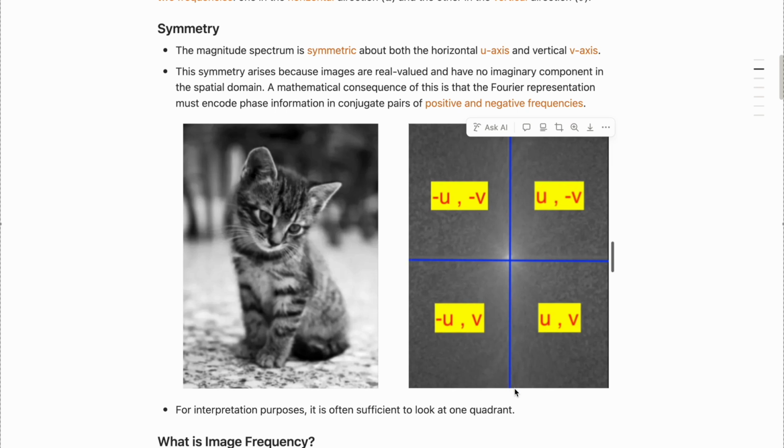So the positive horizontal frequencies are here on the right side of the image. The negative horizontal frequencies are on the left side of the image. The negative vertical frequencies are in the upper part of the image, and the positive vertical frequencies are in the lower part of the image. And for interpretation purposes, it's often sufficient to just look at one quadrant.